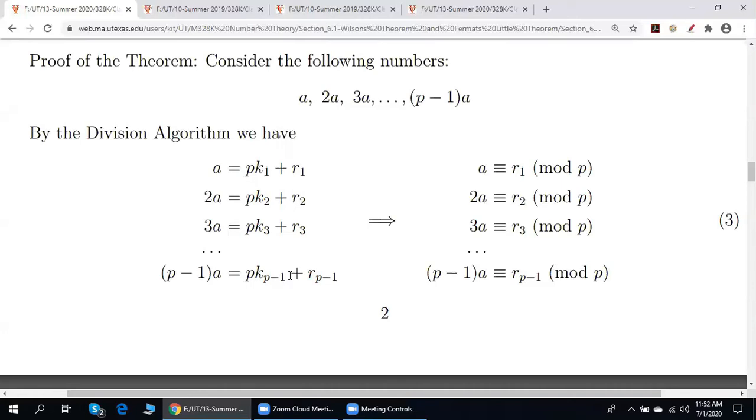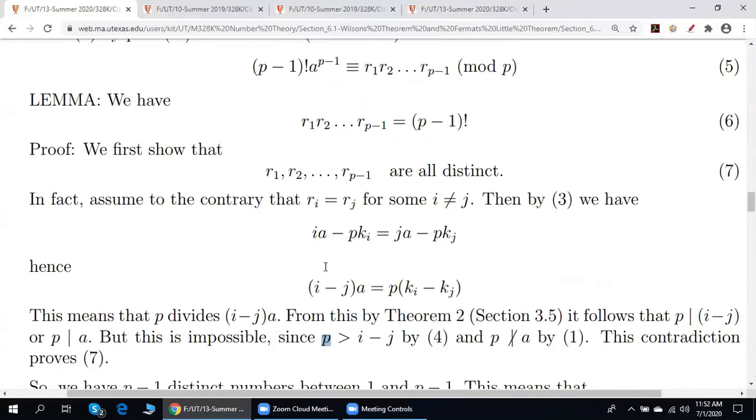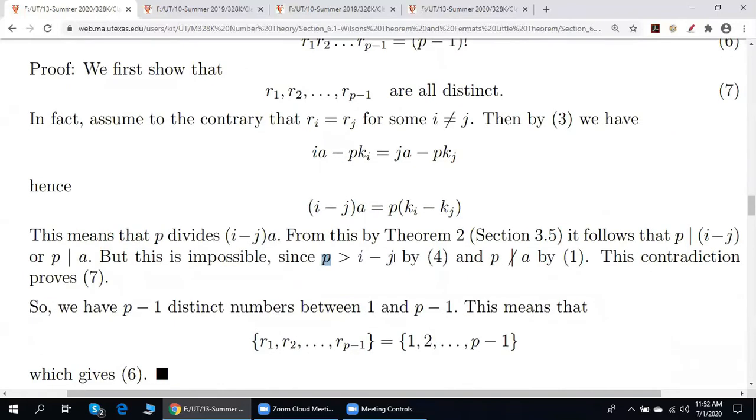So both I and J are lesser than P. Therefore, I minus J is lesser than P.